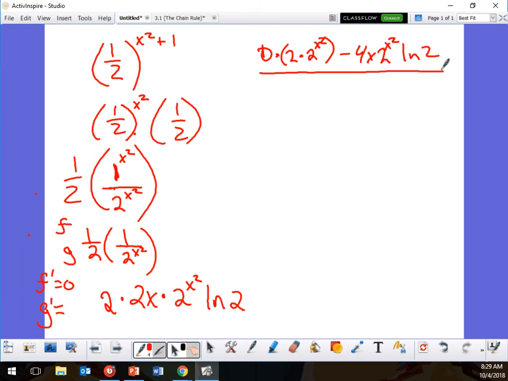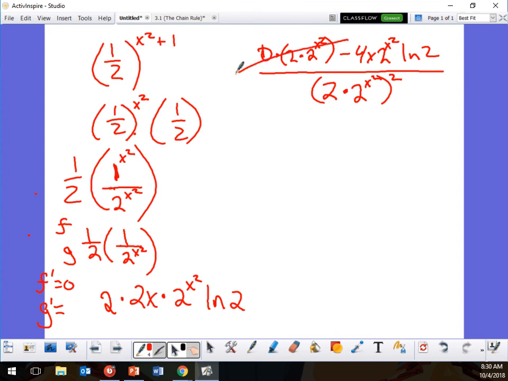So it's going to be 2 times 2x squared, squared. Now, anything times 0 is 0. So all this goes away, right?